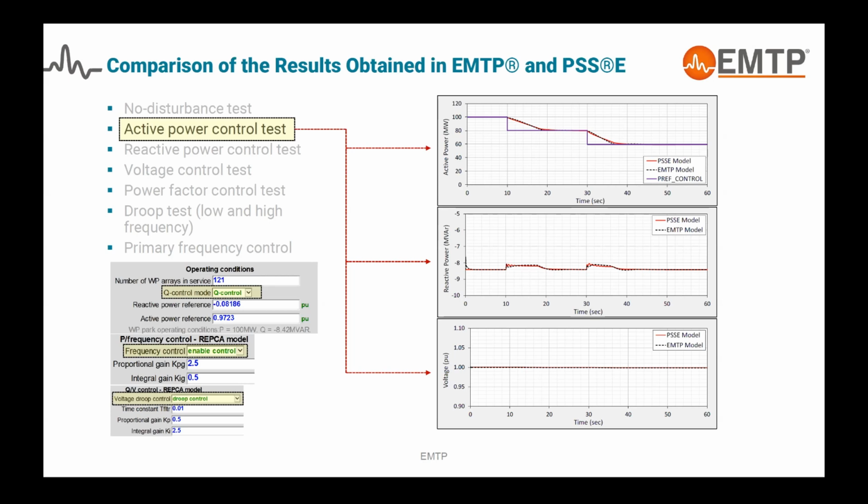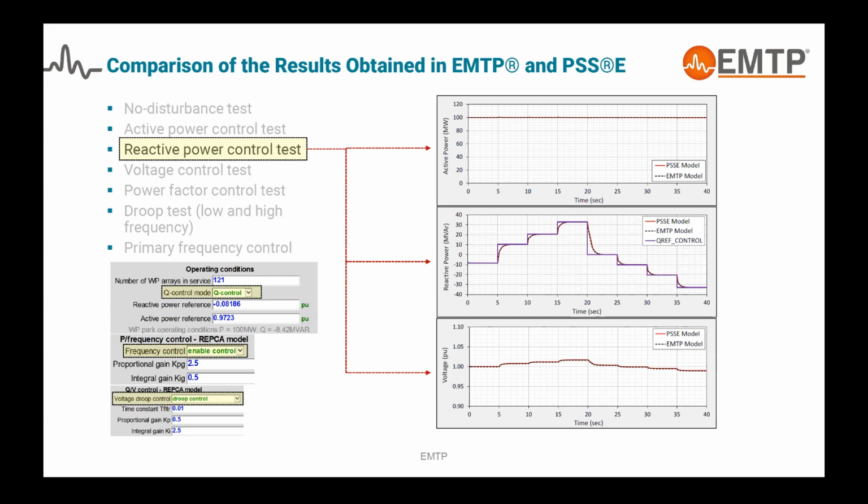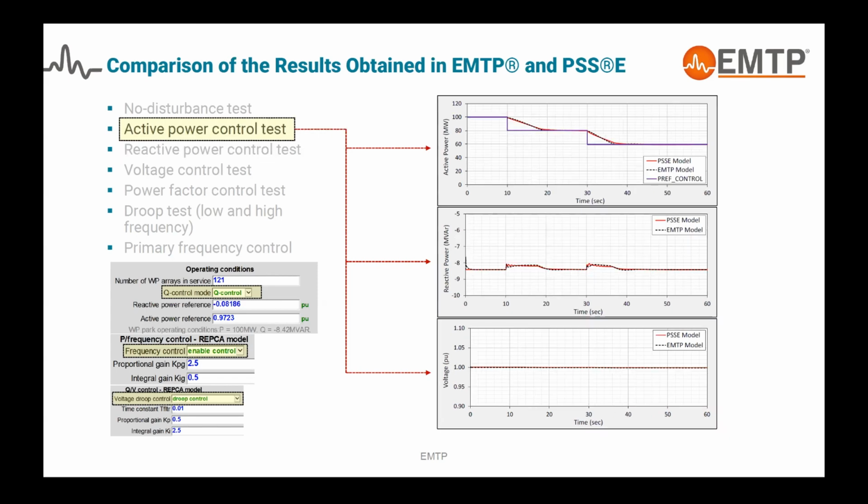The same thing here in terms of reactive power, right? When we reduce the reference, the reactive power in both models responded well, and even voltage. Just another thing that I want to highlight: to run these tests, of course, you need to play with this control mode.